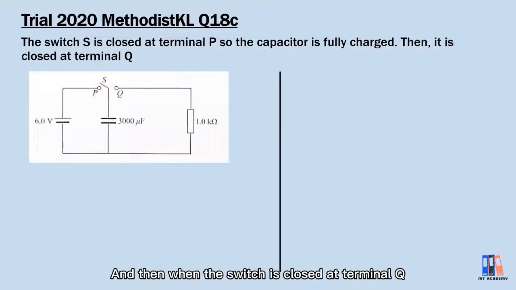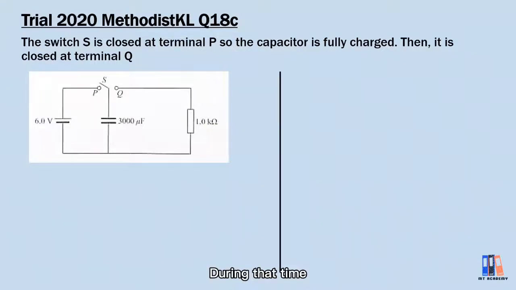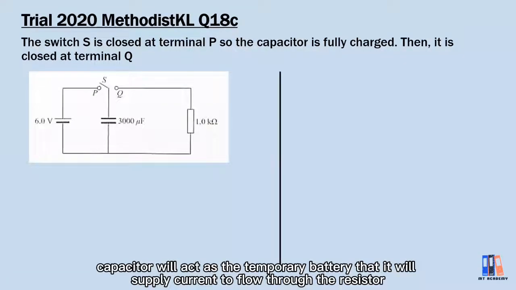And when the switch is closed at terminal Q, the capacitor is now connected to a 1 kilo ohm resistor. During that time, the capacitor will act as a temporary battery that will supply current to flow through the resistor.